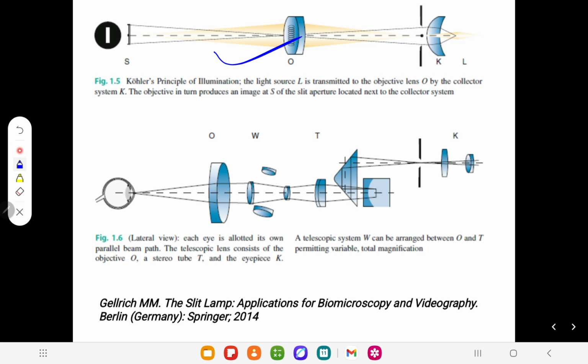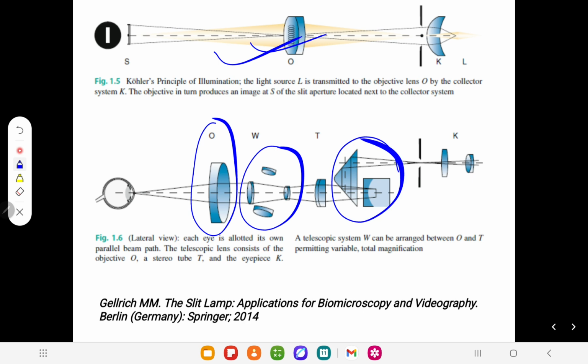So that's the concept here, and this is how only one eye views, isn't it? See, there's a large objective lens, and there are magnification factors, basically drum magnification, prisms which rotate the image, and again the eyepiece. That's basically what it is.